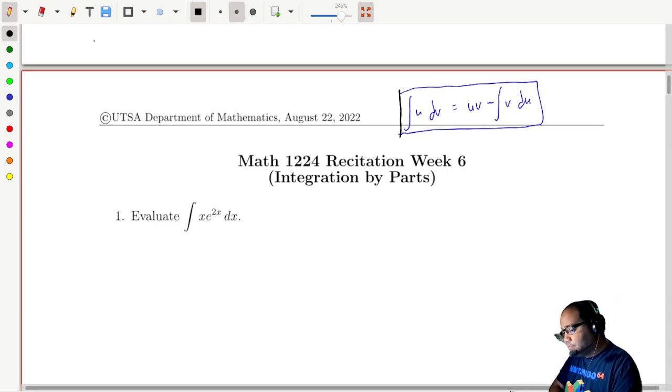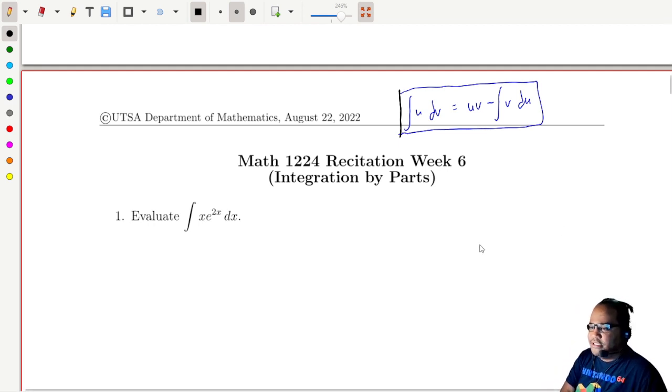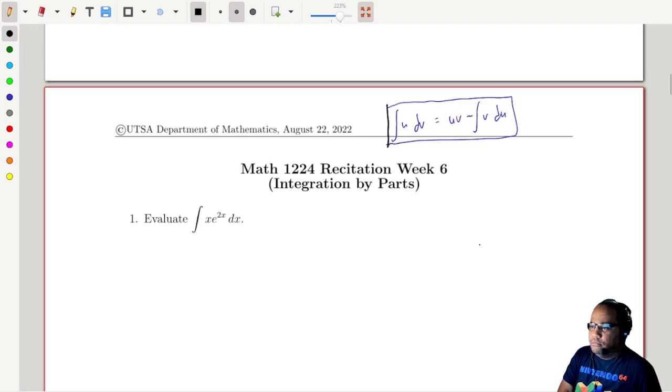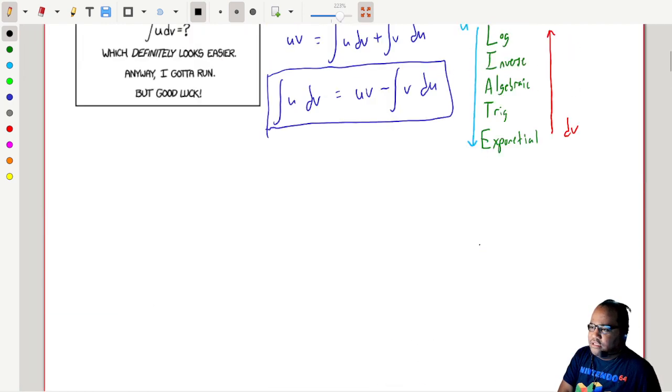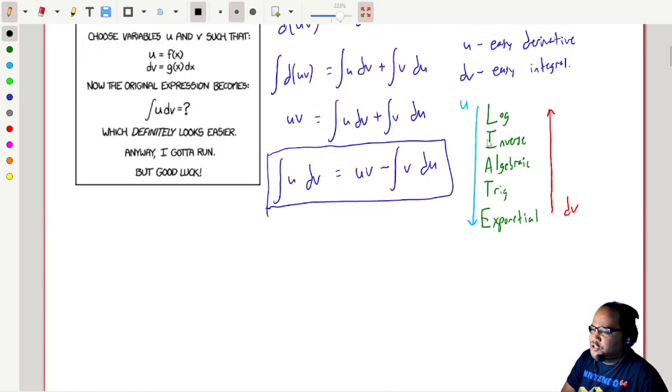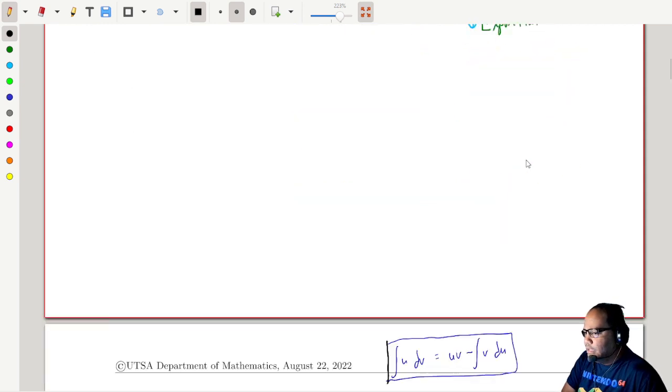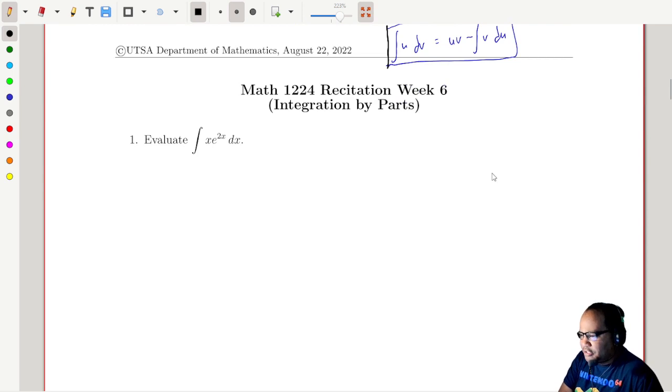Well, let's again think about our little LIATE heuristic. I'll go ahead and scroll back up real quick to that. So LIATE says I may want to choose u from the top down here. And in that integrand, x times e to the 2x, I have x, which is an algebraic function. That's a monomial, a polynomial type thing, and it's the easier thing to differentiate.